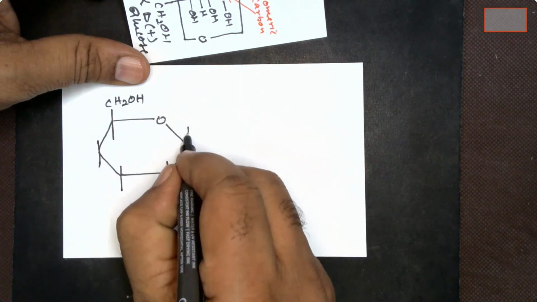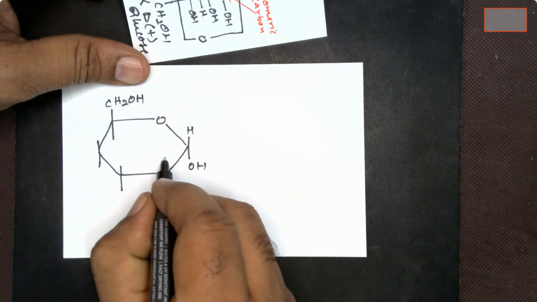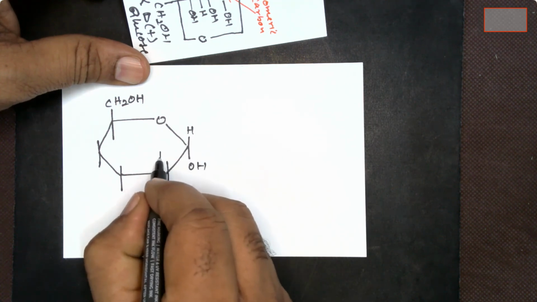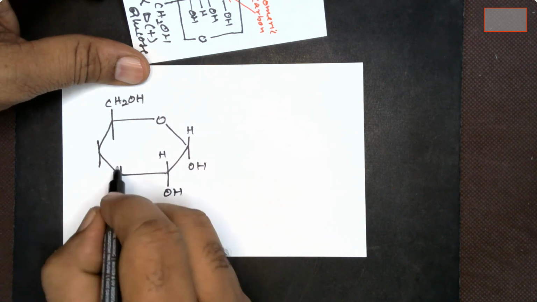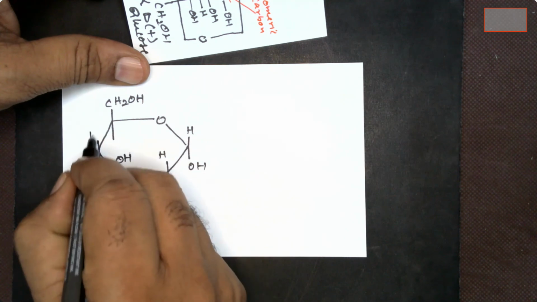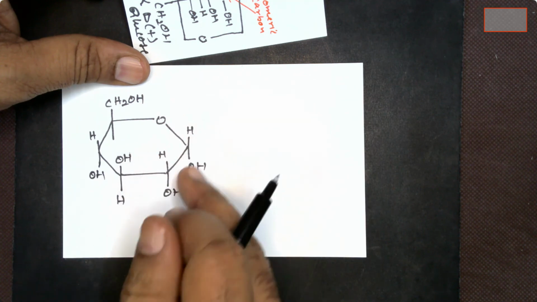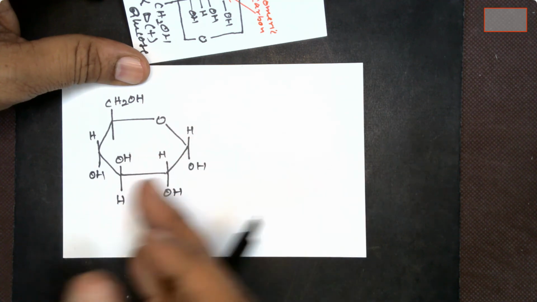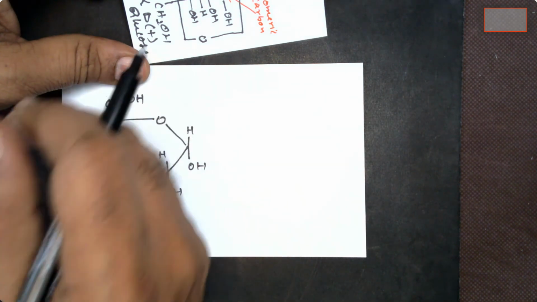And this is H, OH, second carbon, H, OH, and what about the third carbon? OH, H, fourth carbon, H, OH. That is, all the right hand OH are written at the bottom, and left hand OH is at the top.